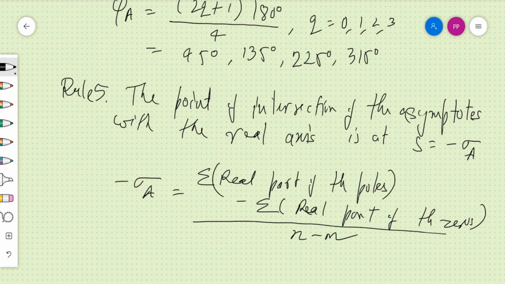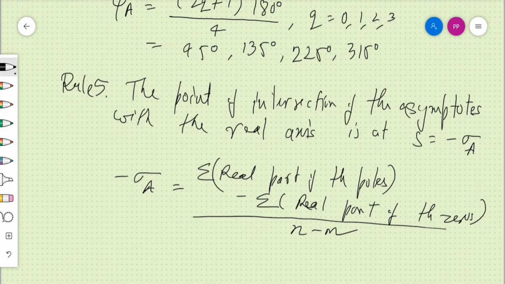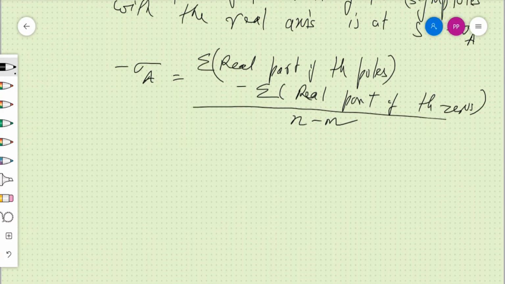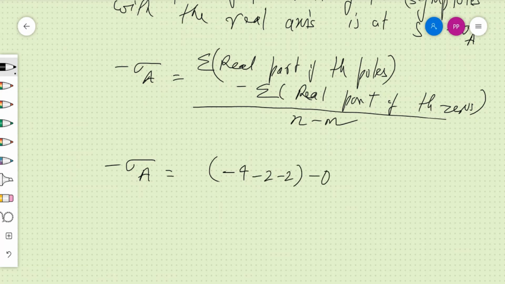So if you place the values, in our case minus sigma A equals: one pole is at the origin, another is at minus 4, and the other two complex conjugates are at minus 2 plus or minus j4, so minus 2 each. No zeros, divided by n minus m, which is 4 minus 0.